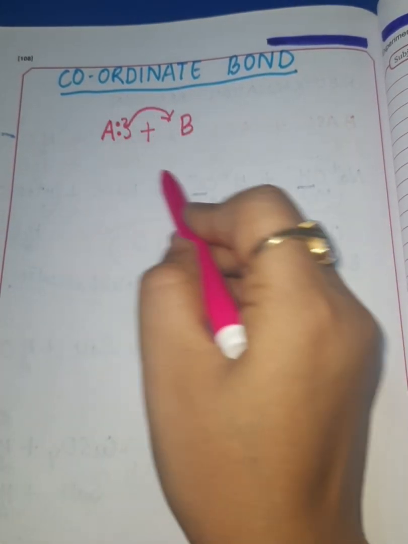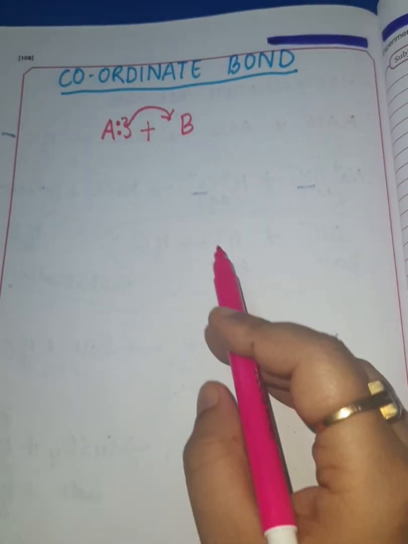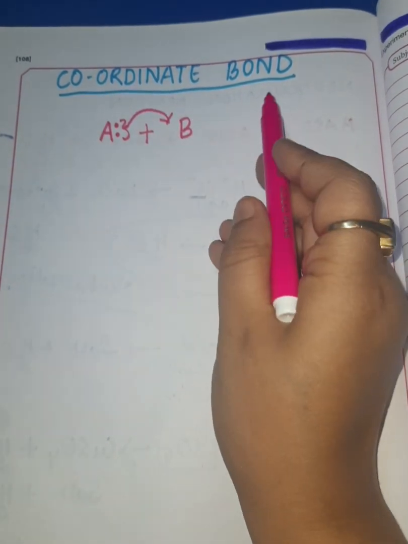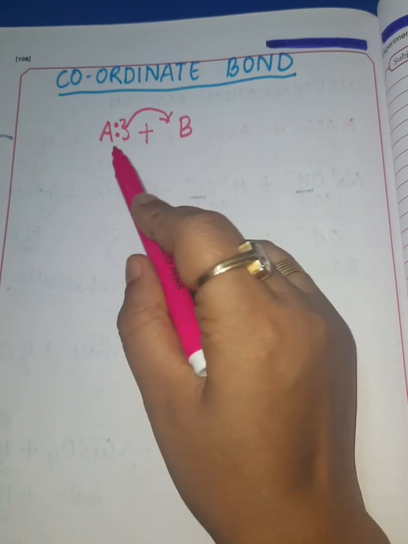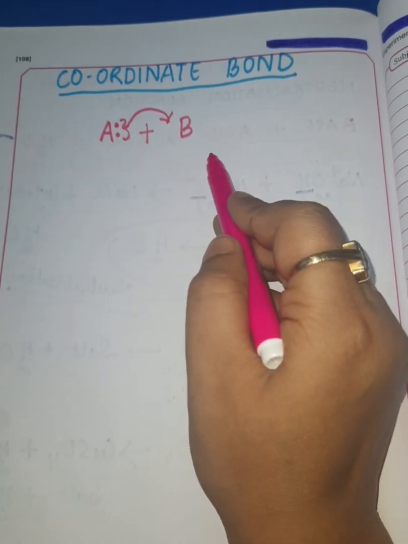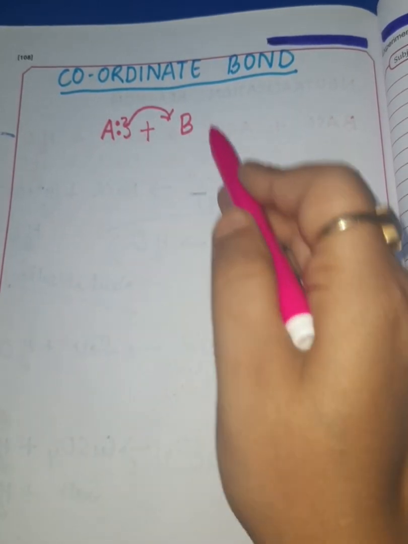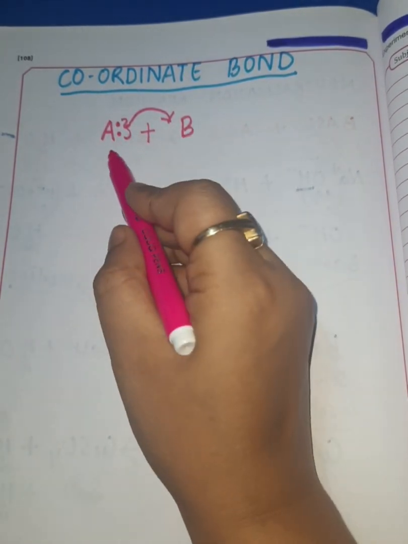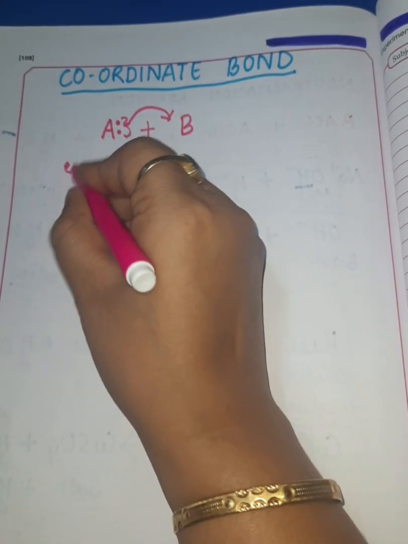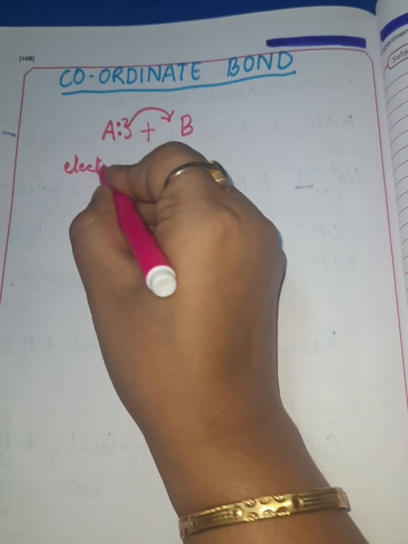This story speaks about coordinate bond. A coordinate bond is formed between two atoms or two molecules or an atom and a molecule in such a way where one atom is electron rich.